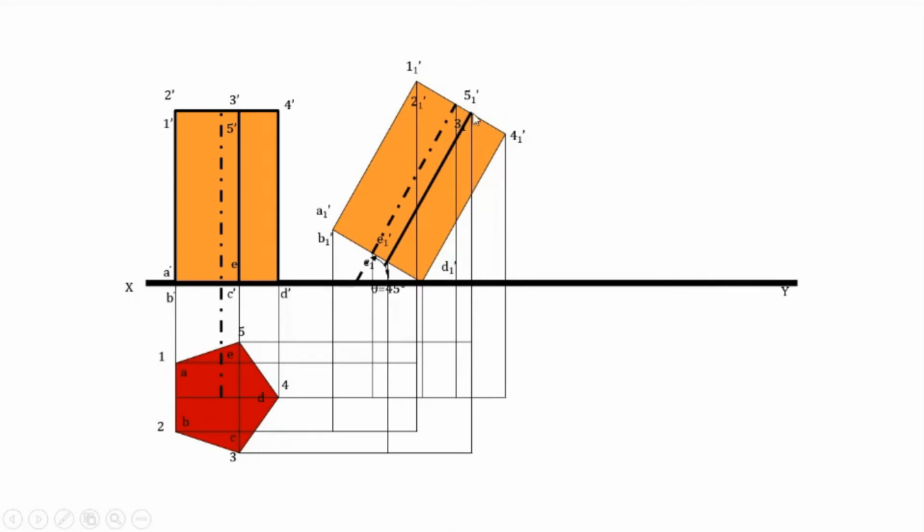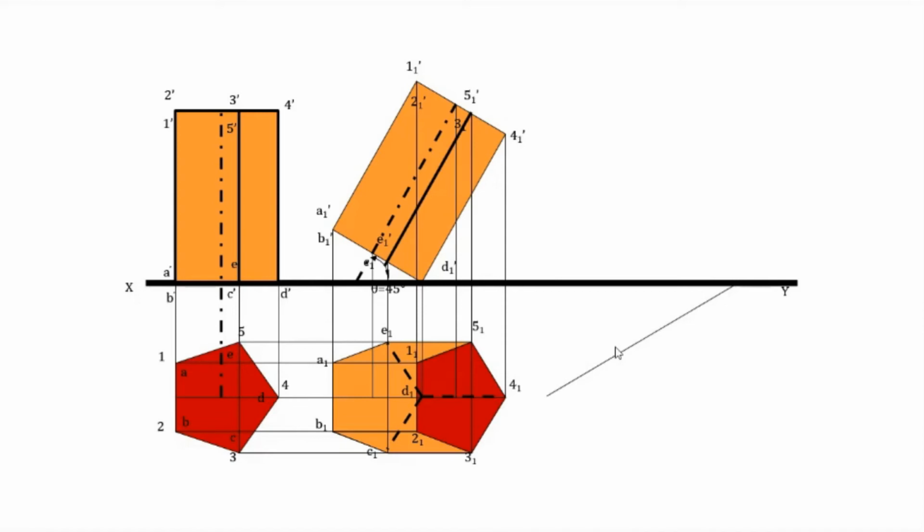Sorry, 3 is extended here, so from the horizontal it is here, from the locus it is here, that is 3. And 4 is this point, 5 is this point. You can join these 4 or 5 points like this.